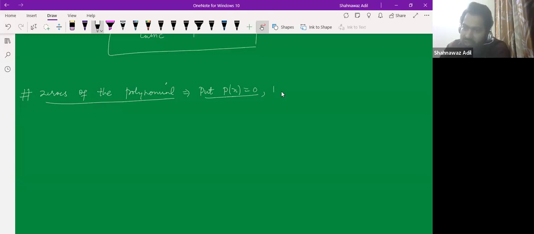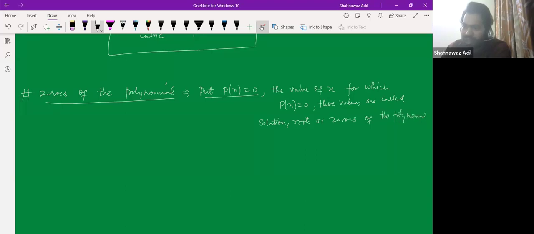Then the values of x for which p(x) is 0 are called the solutions, roots, or zeros of the polynomial, whatever you want to call them. So these are the things about polynomials.